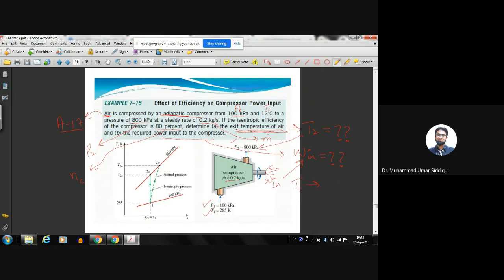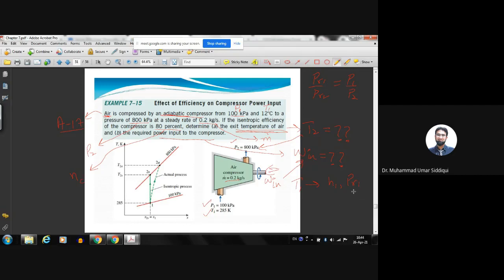Since we know P1 and P2, we know the pressure ratio. So we can use this relationship: Pr1 over Pr2 is equal to P1 over P2. Corresponding to T1, we can get H1 and we can get Pr1.